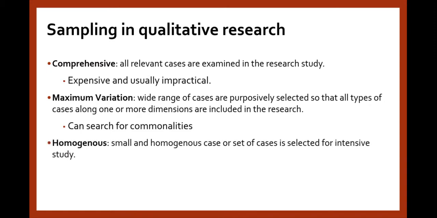On the other extreme, you can try to get a homogeneous sample, a small sample that is uniform in one trait or one attribute. So you're selecting them for intensive study. And that may be something like sampling the population of Japanese immigrants in Colorado Springs, or sampling the Morgridge College of Education students who were enrolled in the higher ed program at the master's level.